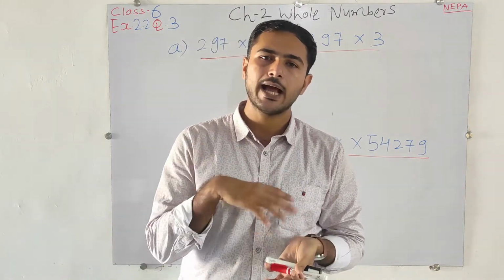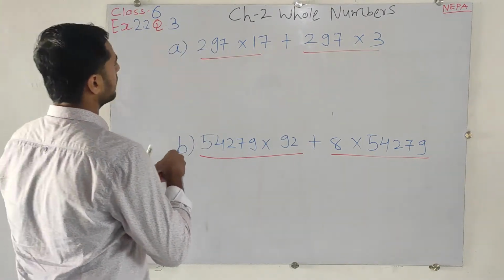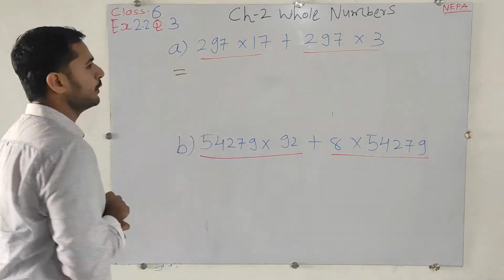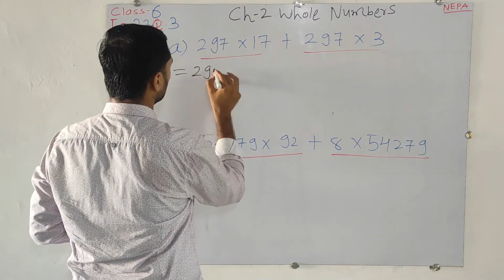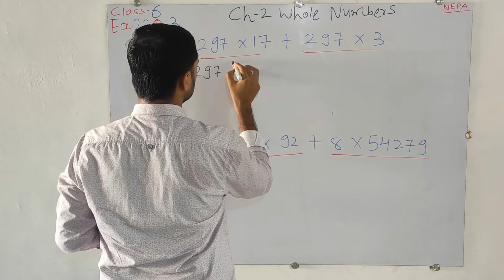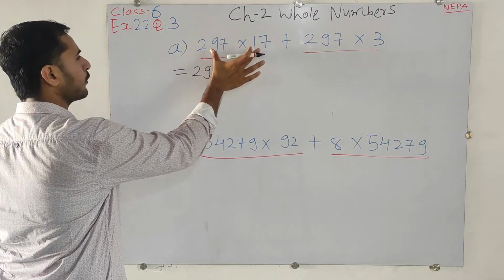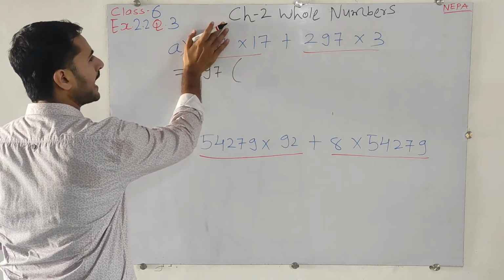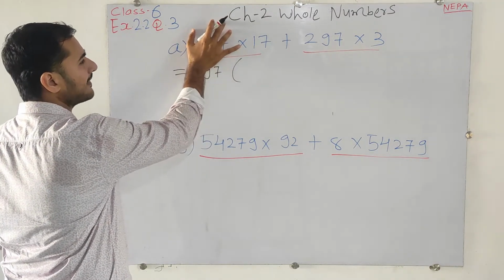Fine. Now we have to take it common. How will we do it? By the use of the distributive property. Here 297 is common, so I am going to take it out. So what remains? If I take out 297 from this, what's remaining is the multiply sign and 17.